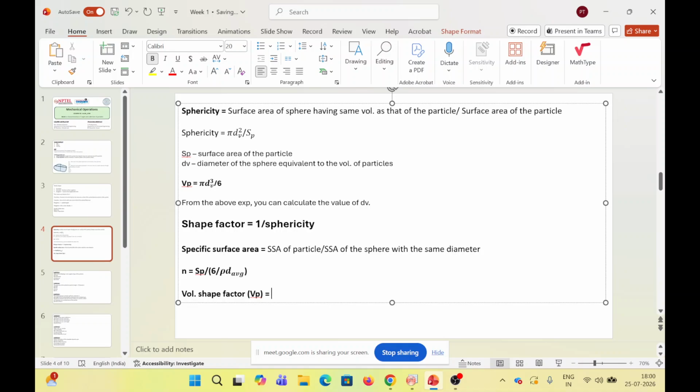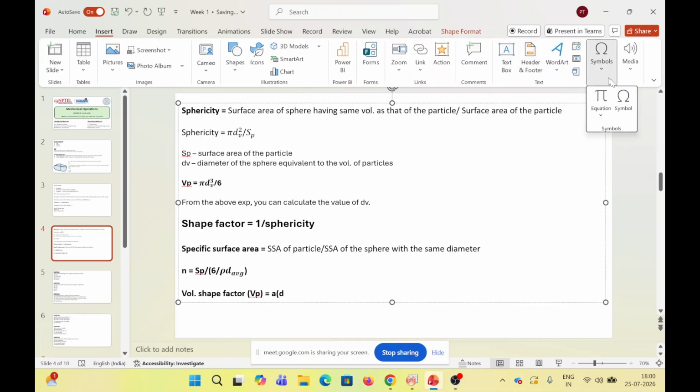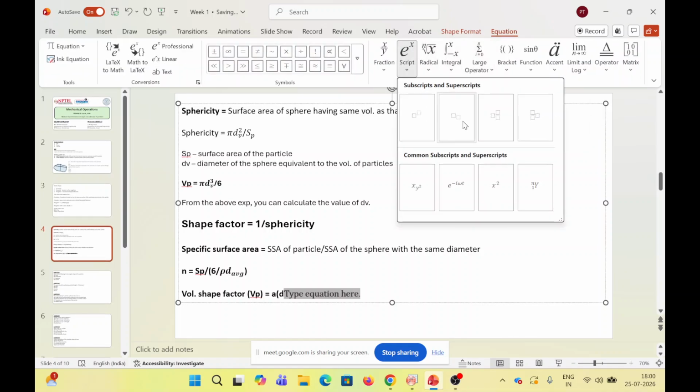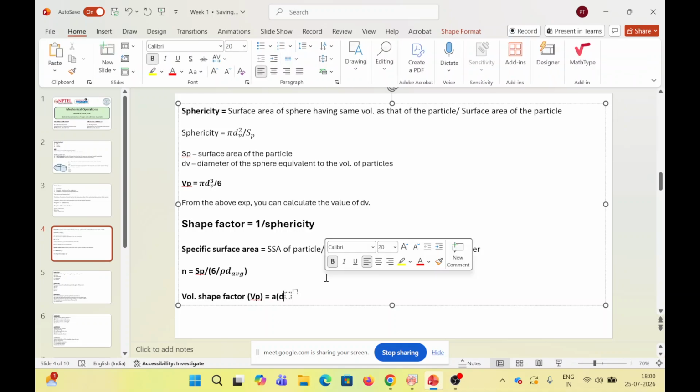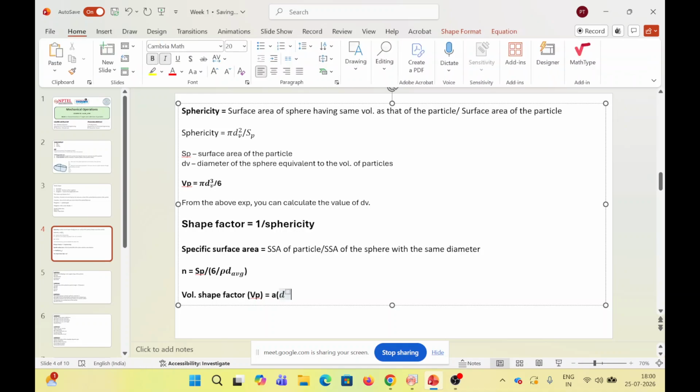It is usually represented as A times D cubed, where A is the volume shape factor. So this is the total concept on the characterization of single particles.